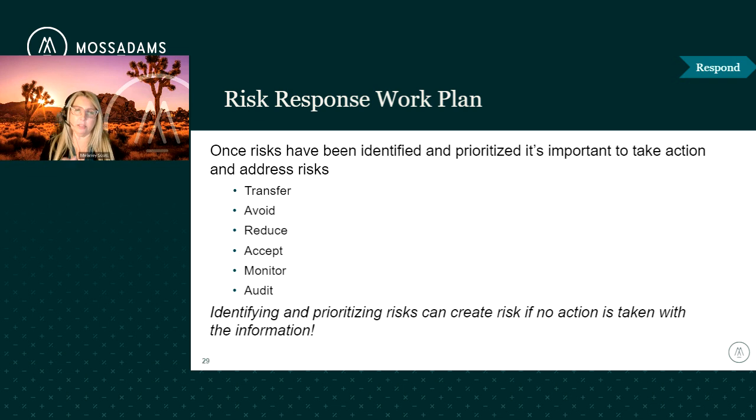Usually in our world it's around the audit and monitoring piece, because even aside from avoiding, reducing, accepting, or transferring, we still have some risk we are responsible for. So it's good for us to make sure that we are at least monitoring risks, but finding those that we really want to audit, whether our internal audit department does it, or we contract out those audits around those risk areas.